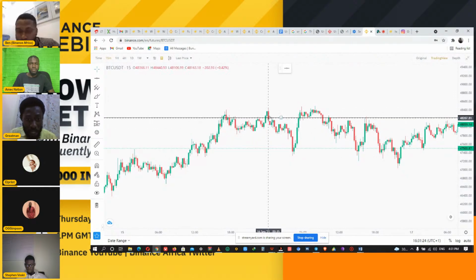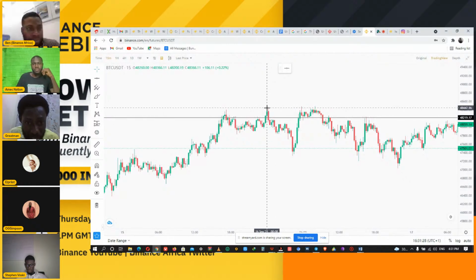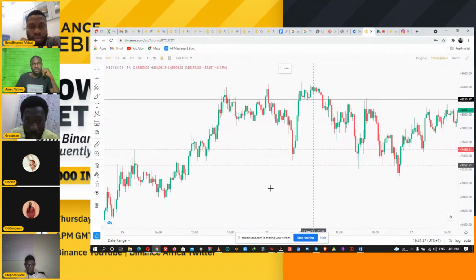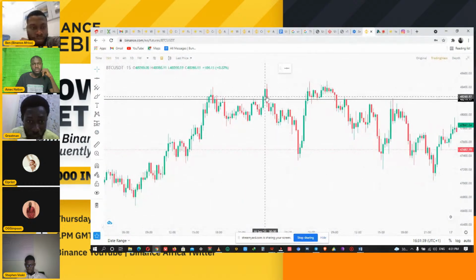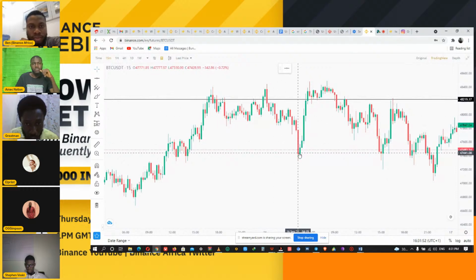Now you have to wait for this candlestick. This is a bearish engulf. After this particular formation has entered, I can place my sell order somewhere around here. I can enter a short position somewhere around here because this is acting as a resistance line now. This bearish engulf is an indication that the market is going to go down.